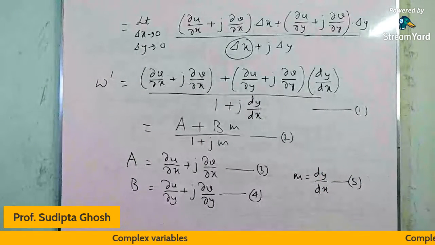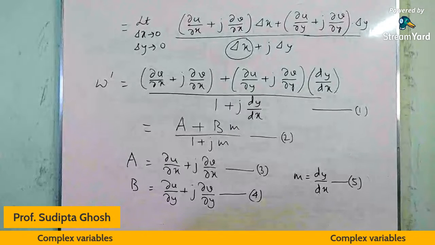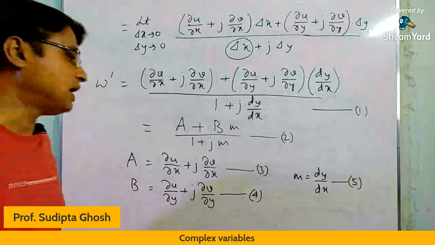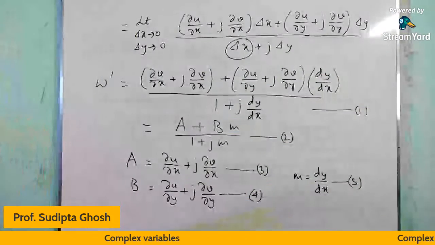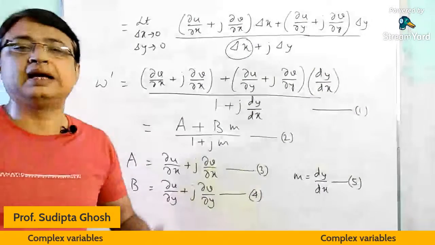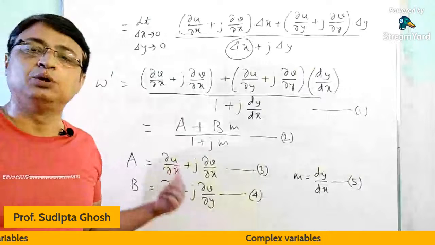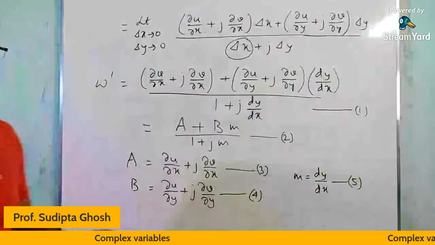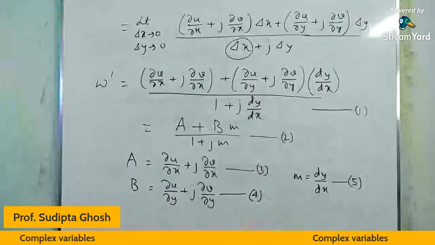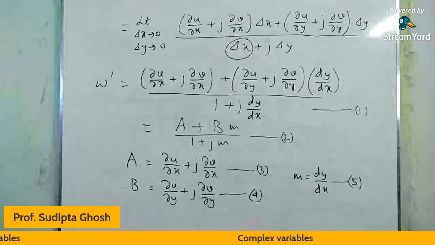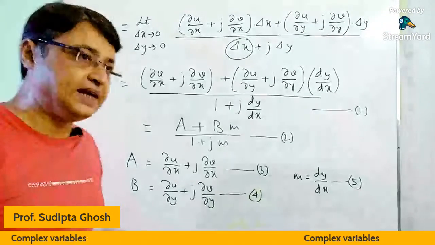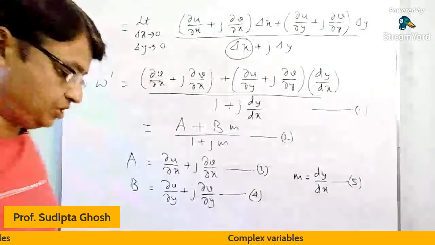Okay. Now, as we are talking about analytic functions, just now I have explained that for w to be an analytic function, this w prime must be a single valued function. So dw/dz must be independent of m, or we can write that dw prime/dm must be equal to 0.